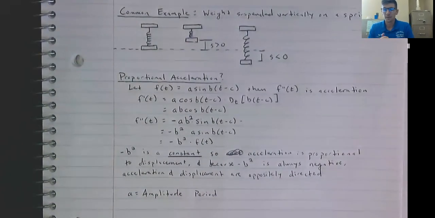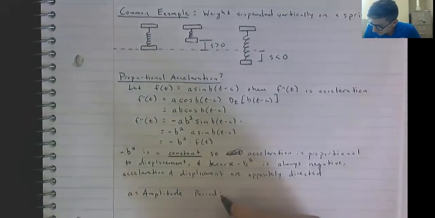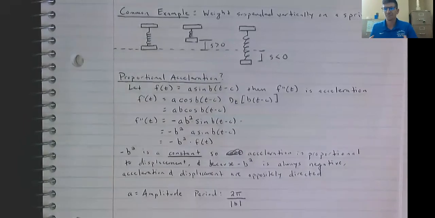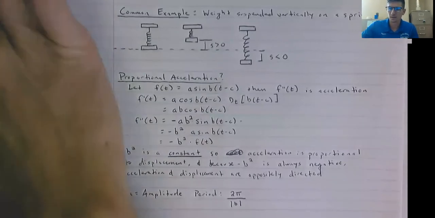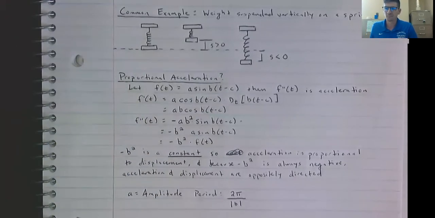If b is speeding it up, a big number, it cuts that 2 pi into a smaller piece. If it's slowing it down, dividing by that smaller number will stretch out our period. So the period is 2 pi over the absolute value of b, because it doesn't really make sense to talk about a negative period, because it's time.